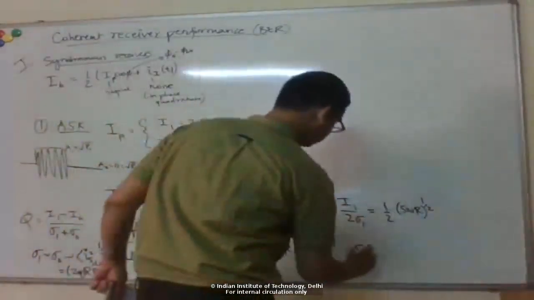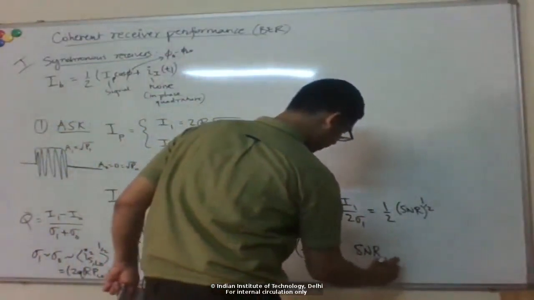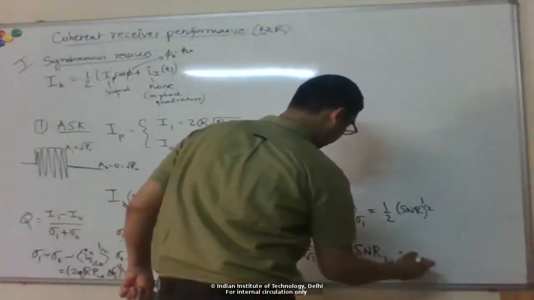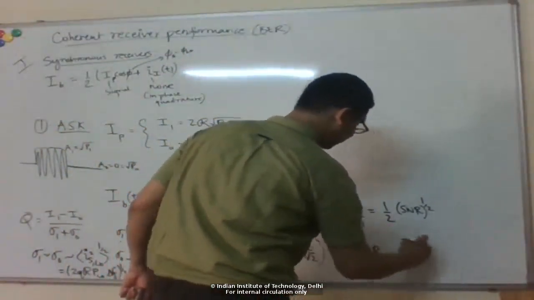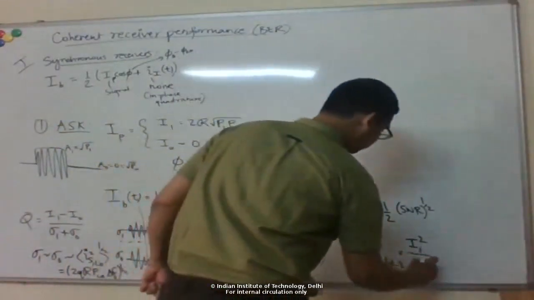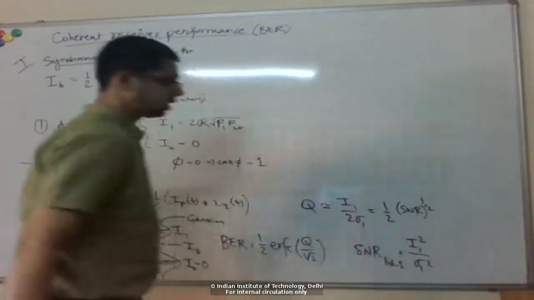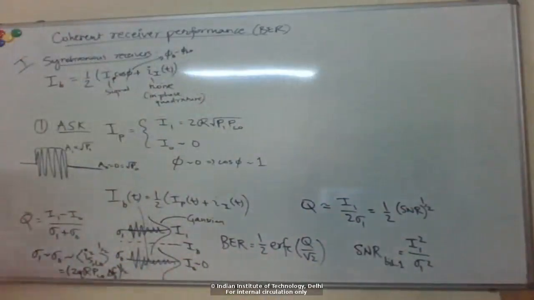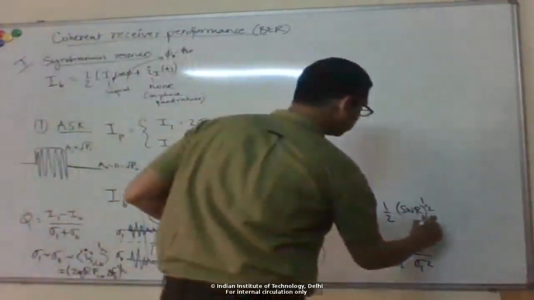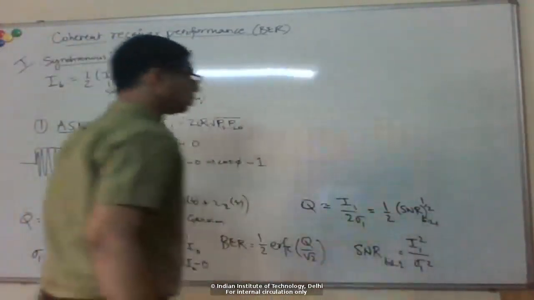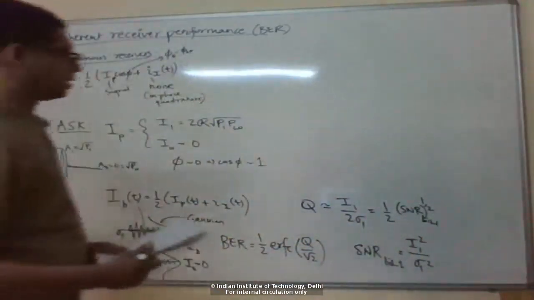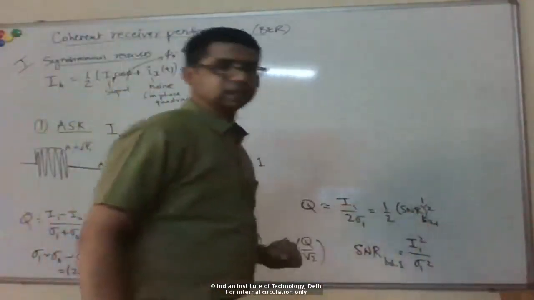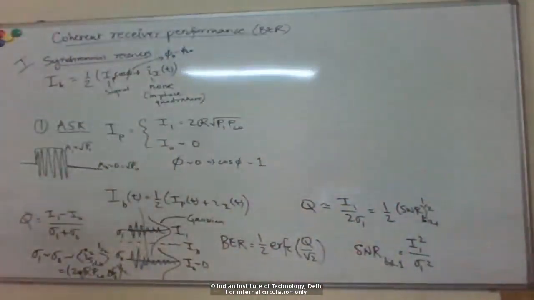The electrical SNR for bit 1 is the square of the current that I get divided by the noise variance current, right? So it is proportional to the square root of the SNR, which you've seen before.